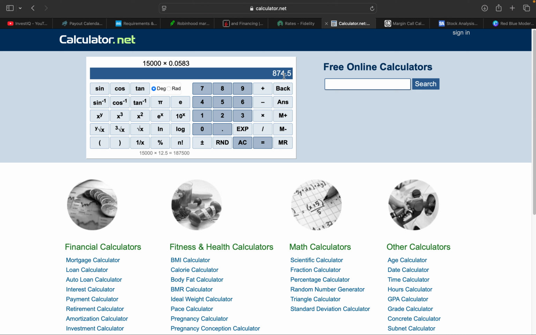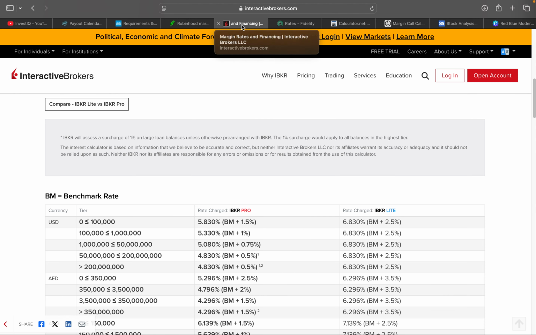So $874.50 for the year. Divided by 12, that's $72 a month. So rounded off to $73 a month is your margin interest for Interactive Brokers.